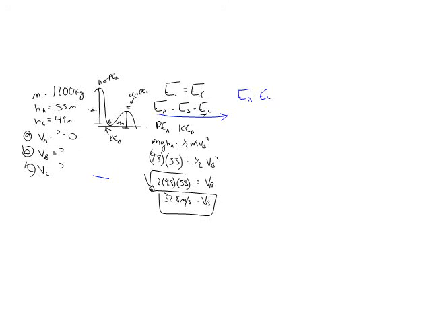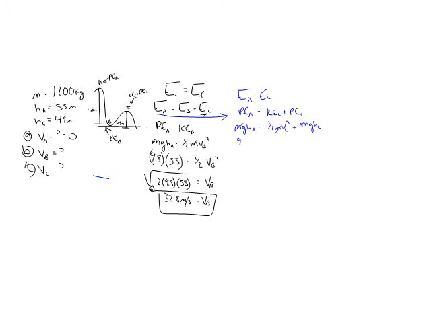Energy at A is the potential energy. At C, it is kinetic plus potential. I got that from my picture. That's why it's important to draw the picture. Now I'm going to replace the equation for potential energy and the one for kinetic energy so that I can actually solve it. There's mass in all of these terms, so you can take that out.